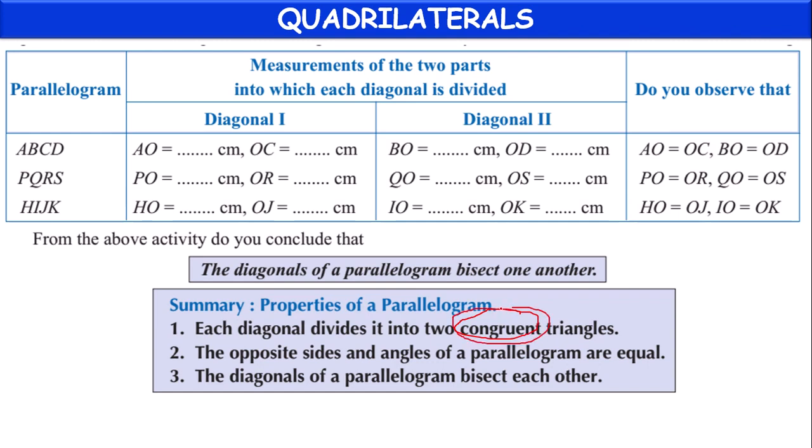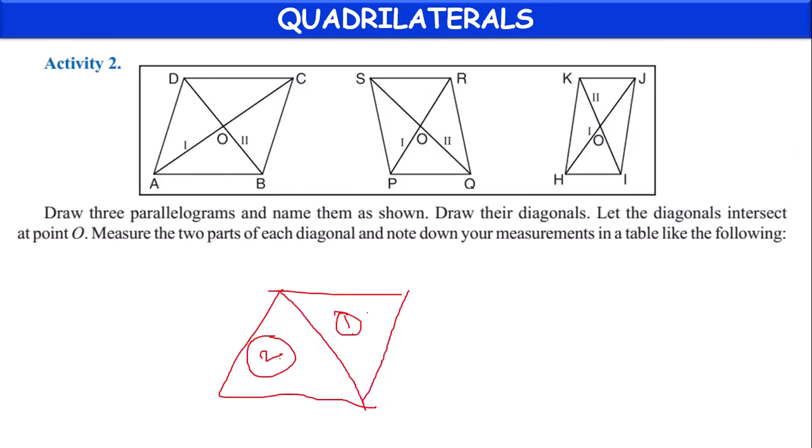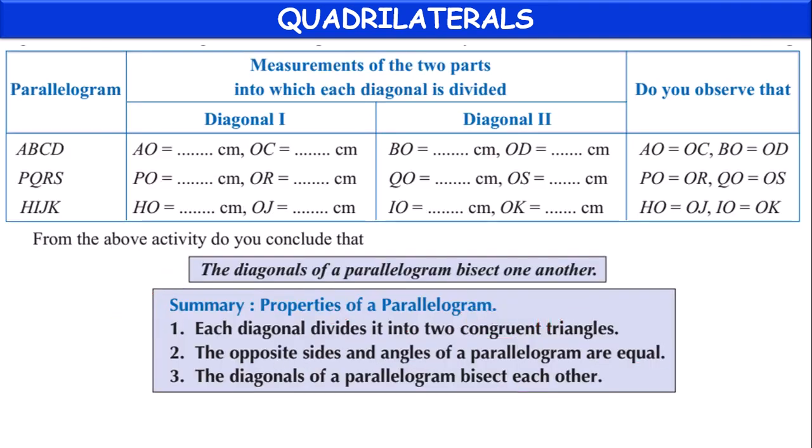So each diagonal divides the parallelogram into two congruent triangles. Opposite sides are equal, opposite angles are equal, diagonals bisect each other. These are the properties of a parallelogram, children.